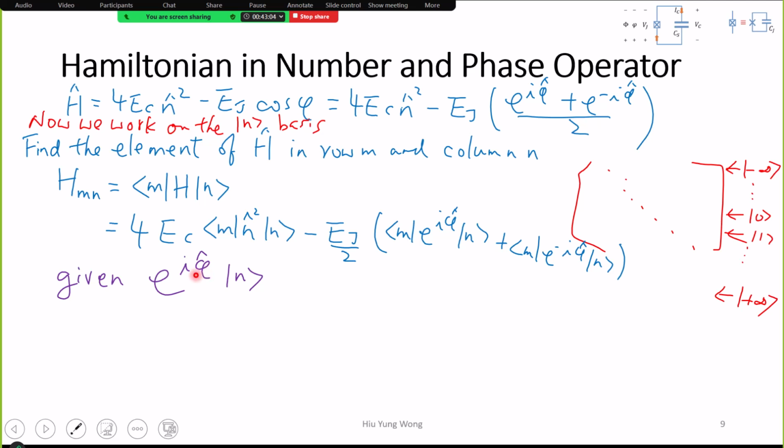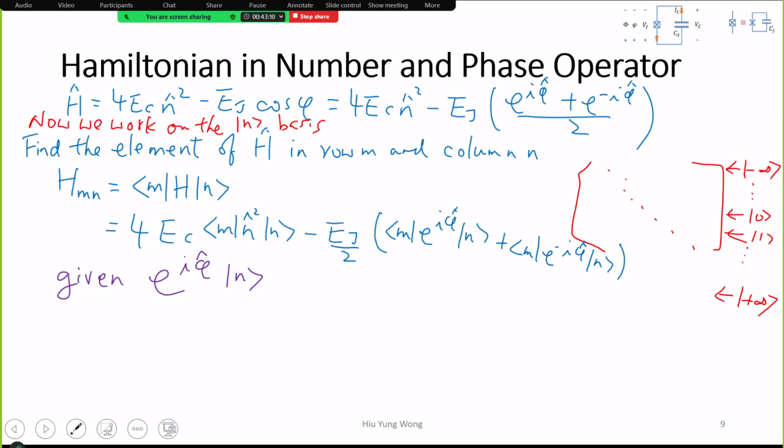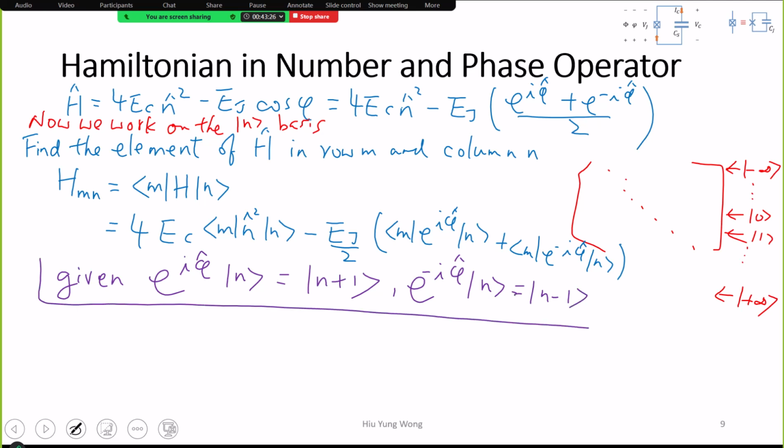So you apply this operator to the eigenstate of this one, right? You will get n plus 1. And if you apply negative i phi hat to n, you will get n minus 1. This is completely given, right? We have not proved it. You can look at the book on how to prove it.